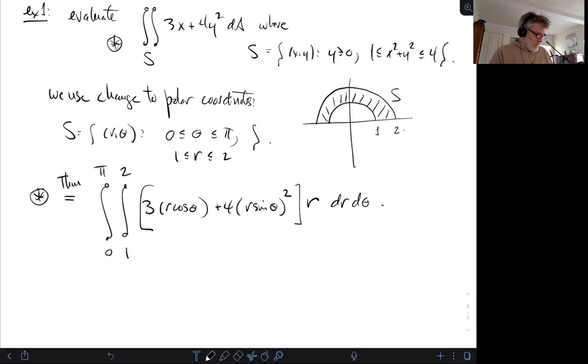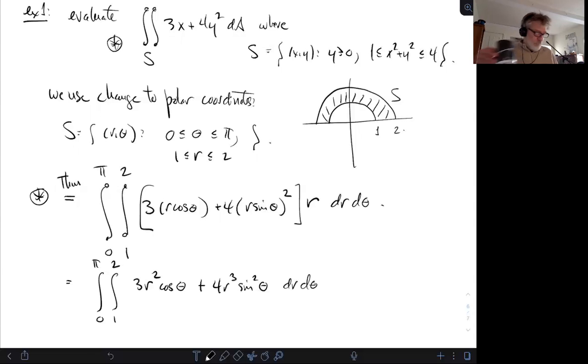Let's just multiply this out. So this is 3r squared cos theta plus 4r cubed sine squared theta dr d theta. Okay, so my first integral is the inside.